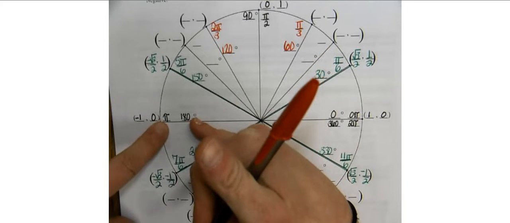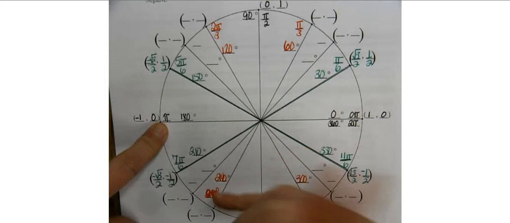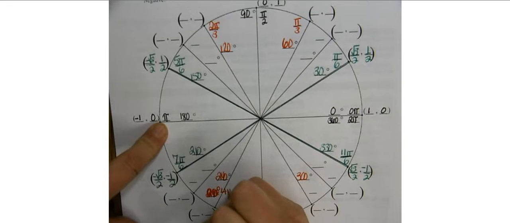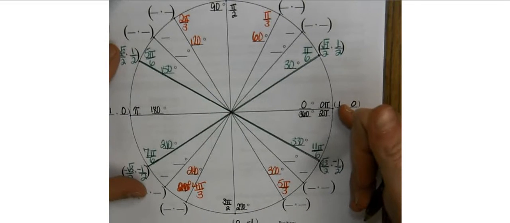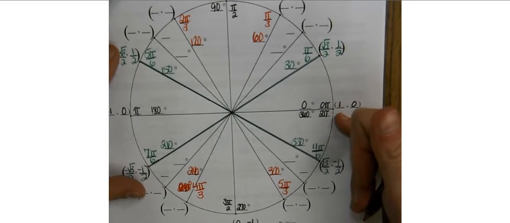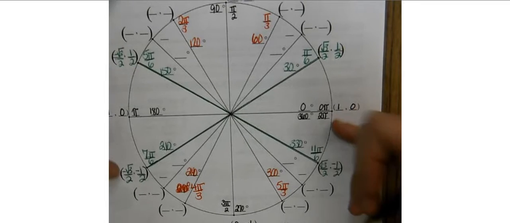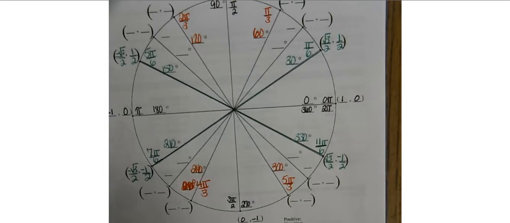Adding another pi over 3, we now are at 4 pi over 3. Adding another pi over 3, we're at 5 pi over 3. And then adding another pi over 3, we're at 6 pi over 3. And 6 pi over 3 is 2 pi. All right, so those are all of our 60-degree angles measured in degrees as well as radians.